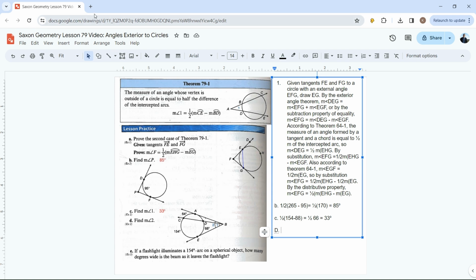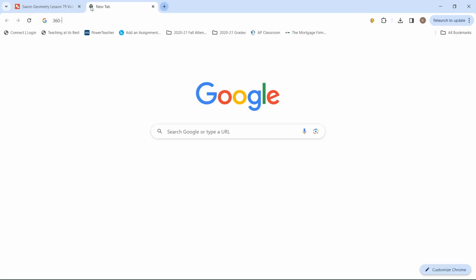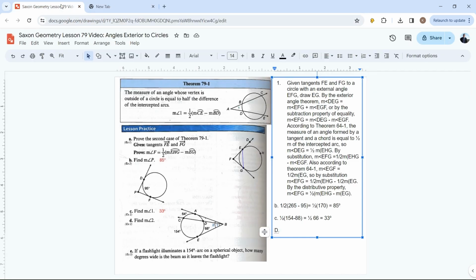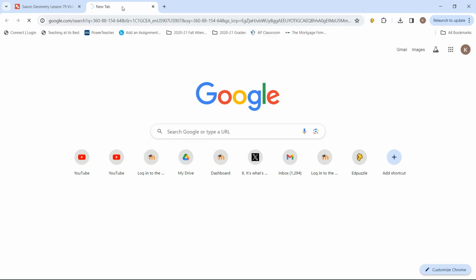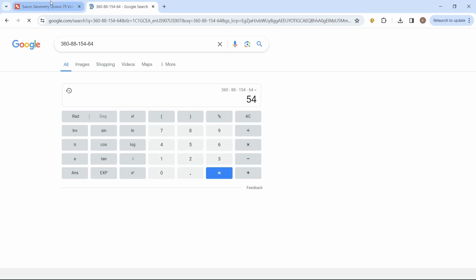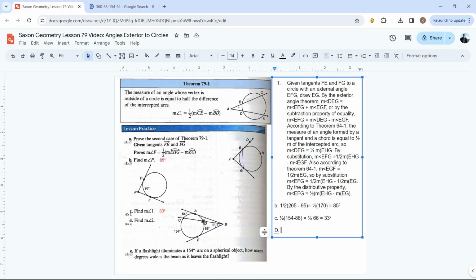I'm just going to use a calculator for this because it's a lot to keep in mind to do in my head here. So it's going to be 360 minus 88. Okay, that's one of my angles. Minus 154 minus 64. And how many degrees are left over to complete the circle? It is 54 degrees. So that means that this angle here is 54.